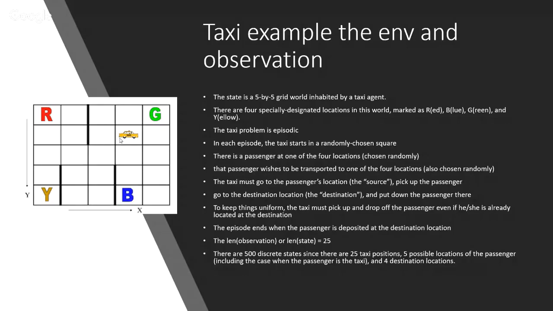Now, if this wasn't the case, it would probably wig out the program trying to learn. Now, the episode ends when the passenger is deposited at the destination location. So once it's picked it up, taken it there, dropped it off, it finishes, and then it starts another episode if you're doing multiple episodes.